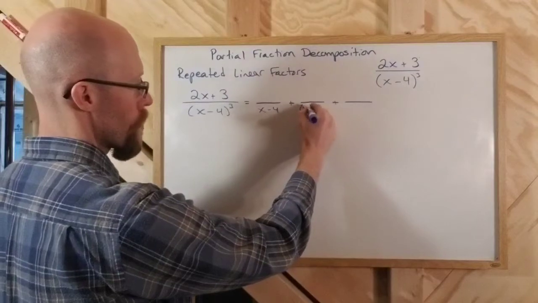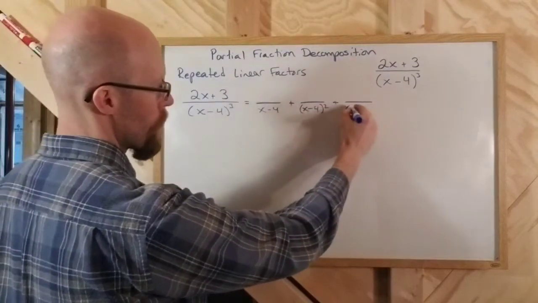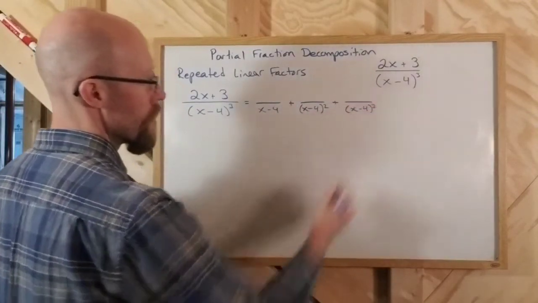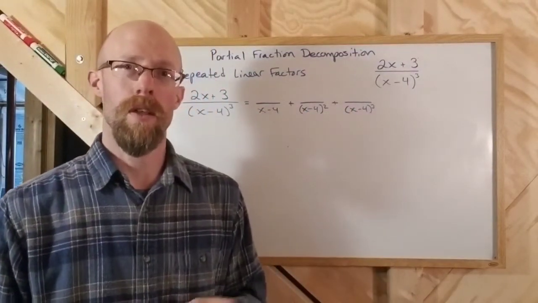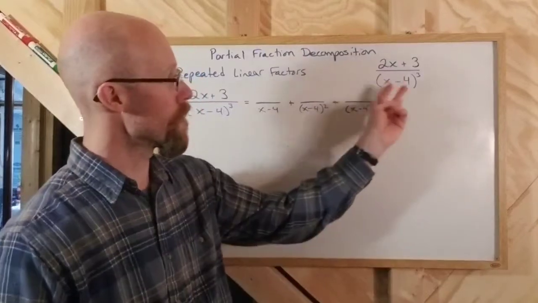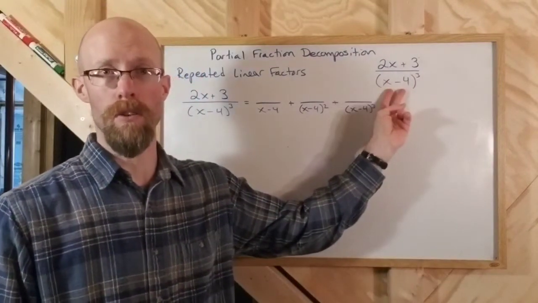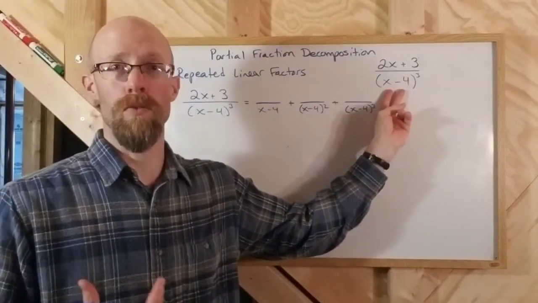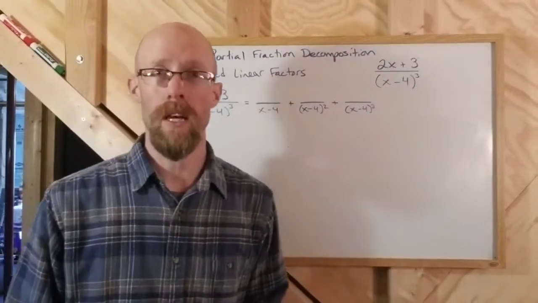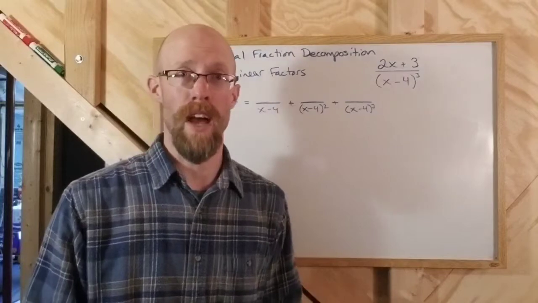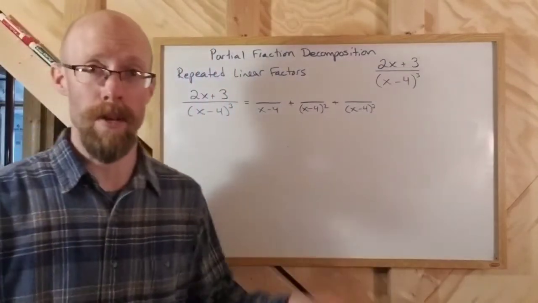So you get x minus 4, you get x minus 4 squared, and you've got x minus 4 cubed. These are all of the three possible combinations that when added together give you an LCD of x minus 4 cubed. So basically you have to include the potential for each power less than 3 to be a possible denominator here.